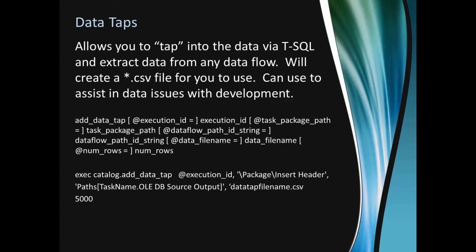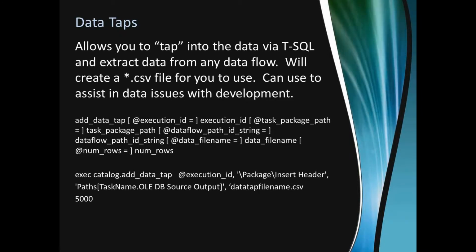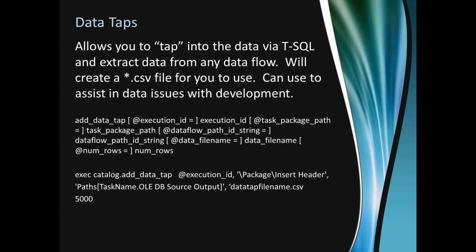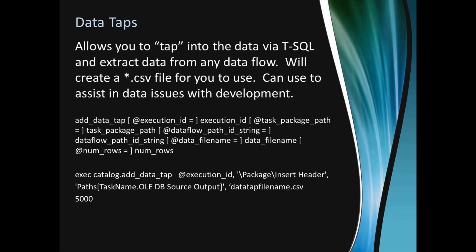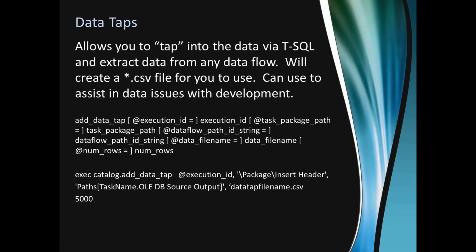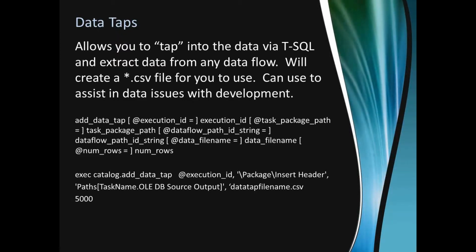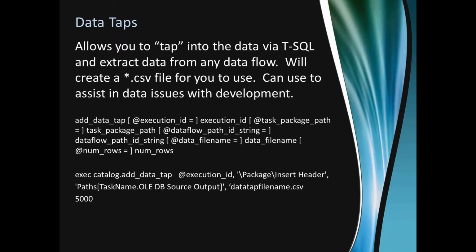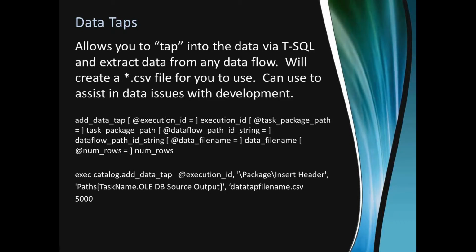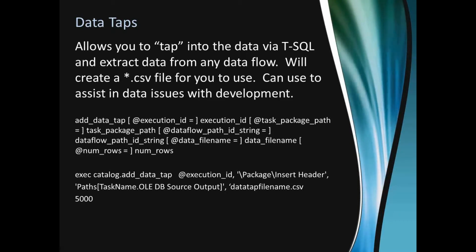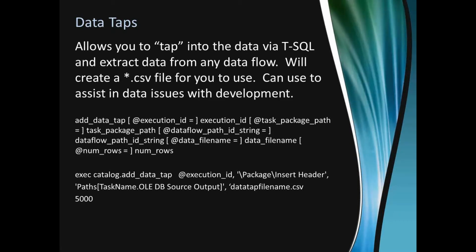So the developer is creating his package. It works in his dev environment against his little tiny dev data. When you deploy it into production, he can't see that data, and it doesn't work in production. So you can get a tap of the data without changing the package.